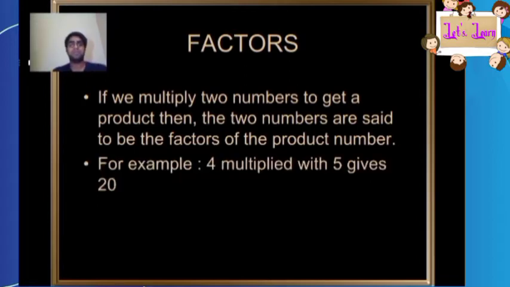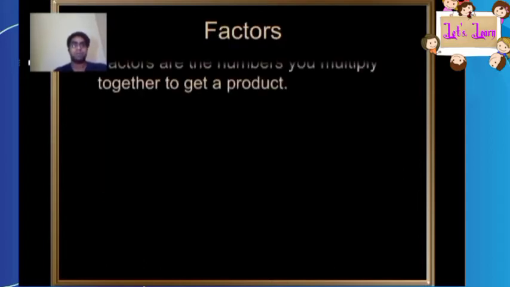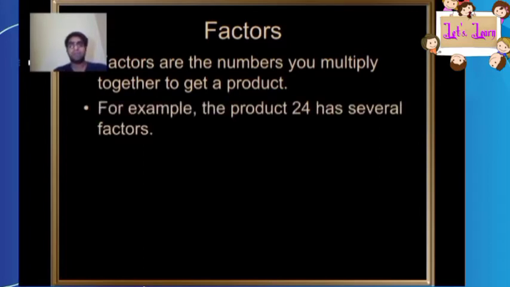Example: 4 multiplied with 5 gives 20. That is, 4 into 5 we get 20. Here 4 and 5 are the factors of 20. So basically, factors are the numbers you multiply together to get a product. Remember this. For example, take 24.